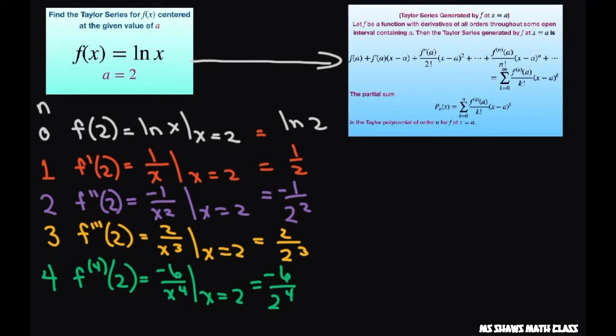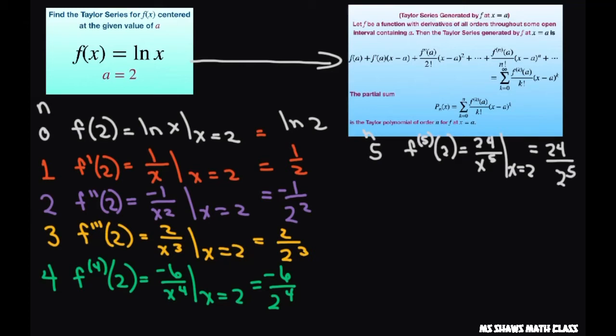Let's try one more. This is n equals 5, the fifth derivative at 2. That's going to be 24 divided by x to the fifth. And evaluating that at x equals 2, that gives us 24 divided by 2 to the fifth.